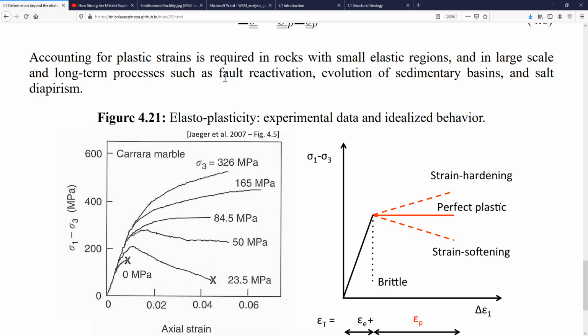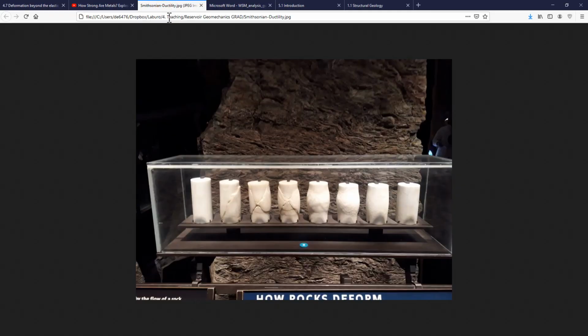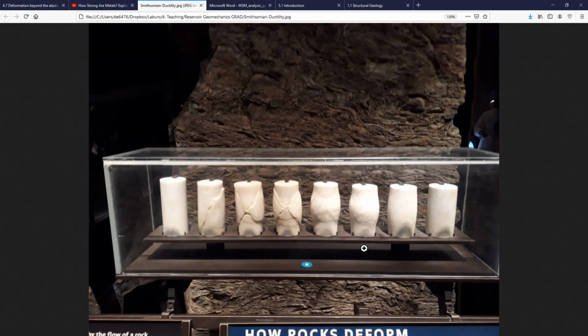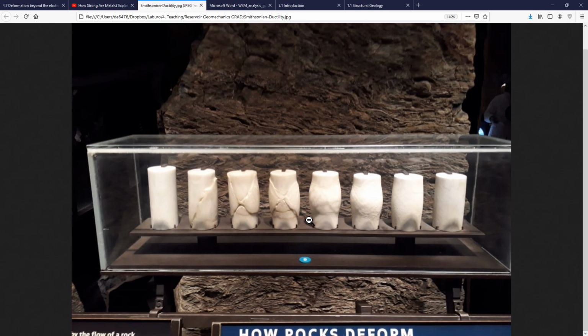Let me show here an image in order to better understand what's going on. Here you see examples of rocks, and I believe this is a marble which was failed at different confining pressures. For example, this one is the rock without any stress applied. This one is the one that is failed under unconfined conditions, and we can see a clear fracture that goes through the rock.